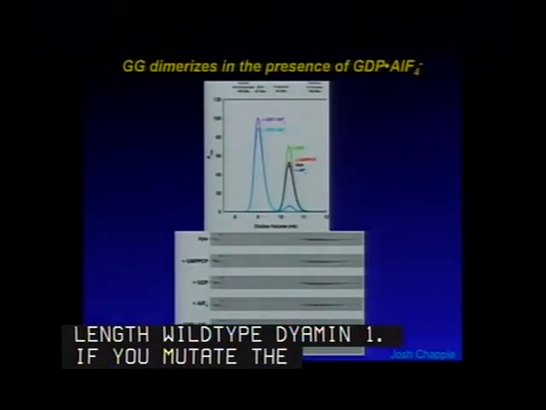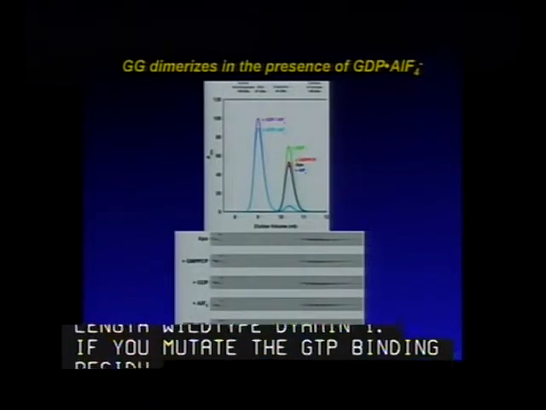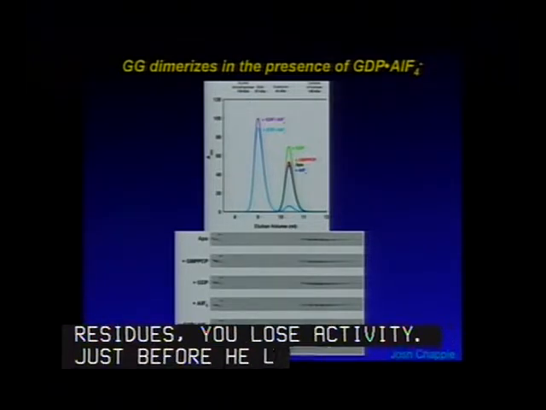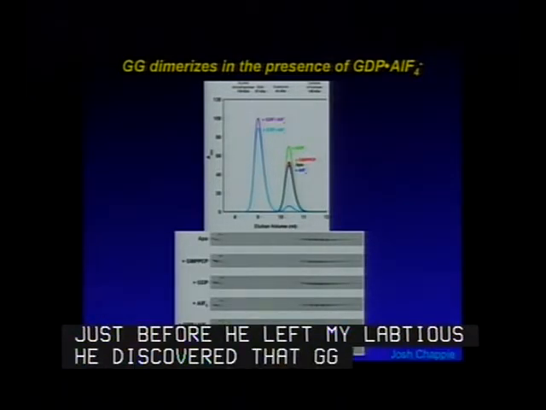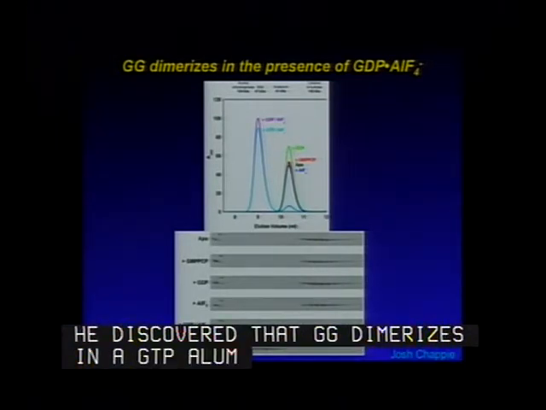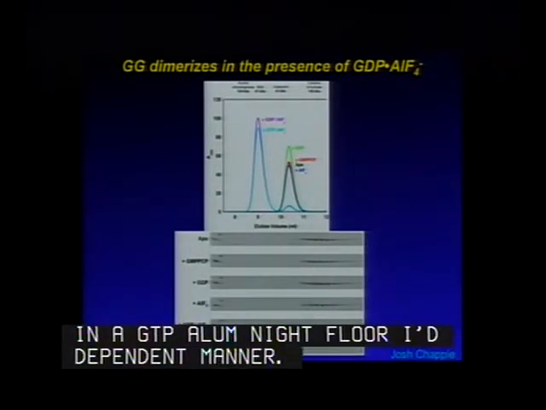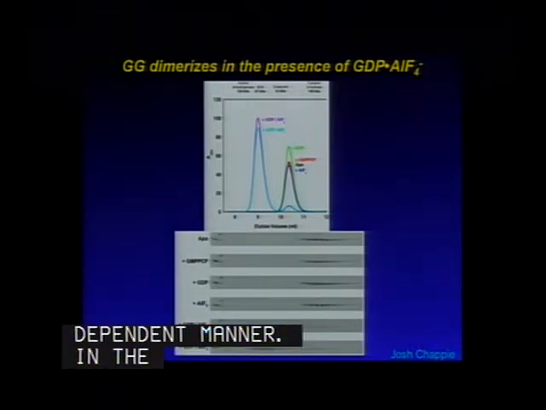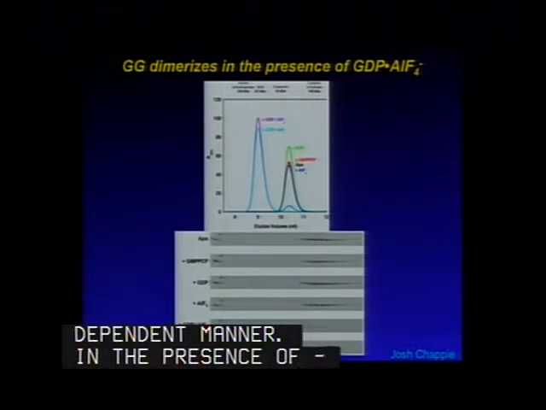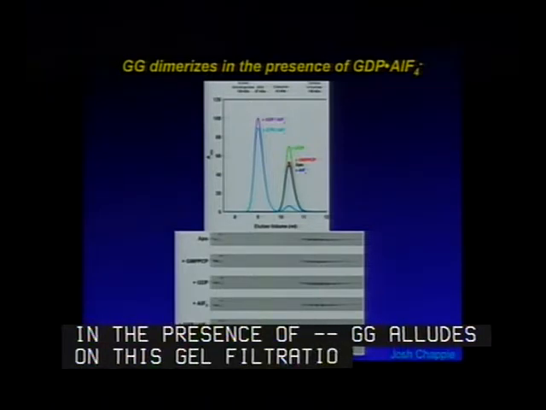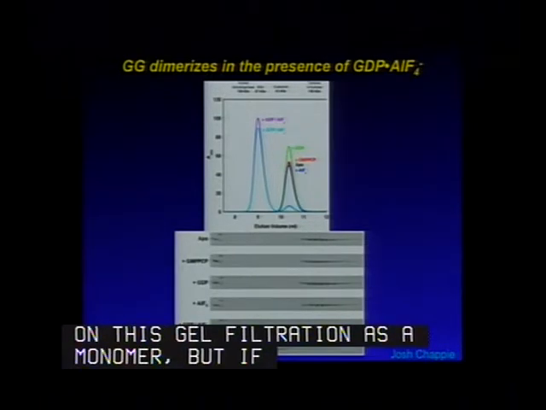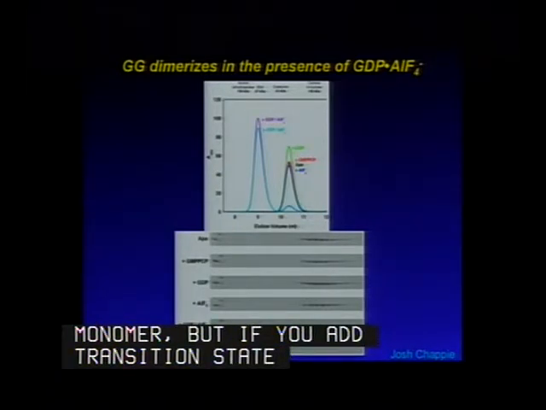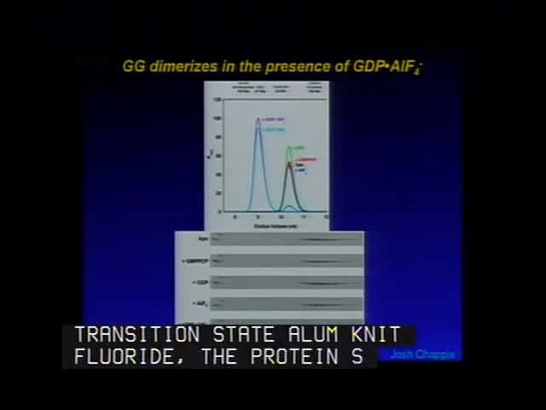Just before Josh left my lab to come to Fred Dyda's lab, he discovered that GG dimerizes in a GDP aluminum fluoride dependent manner. That is, in the presence of non-hydrolyzable analogs of GTP or in the absence of nucleotides, GG elutes on this gel filtration column as a monomer, but if you add transition state mimetics, GDP aluminum fluoride or GTP aluminum fluoride, now the protein shifts into a very stable transition state dimer.